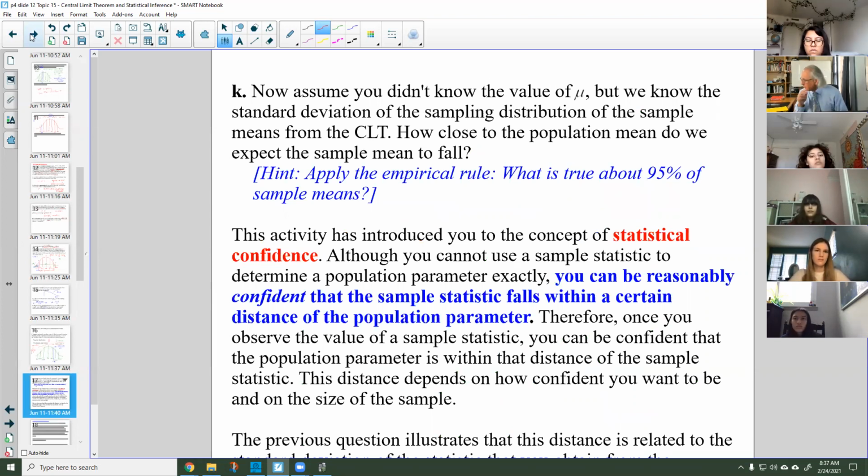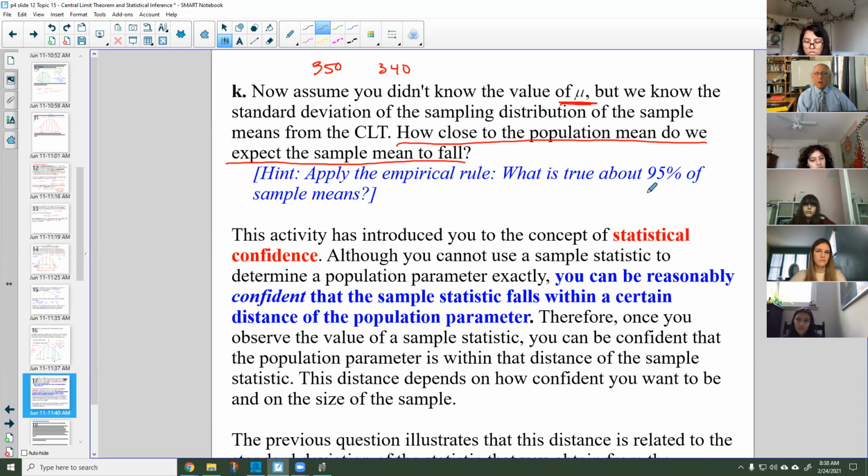Okay. So this is an interesting question. Assume we don't know the value of mu, which of course we don't know. We were first hypothesizing that mu was 350, and then we were hypothesizing that mu was 340. But if we know the standard deviation of the sampling distribution, we're asking the question, how close to the population mean do we expect the sample mean to fall?